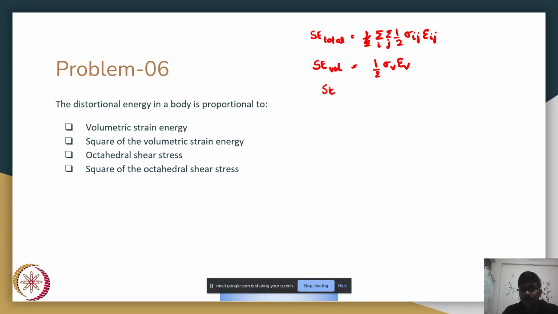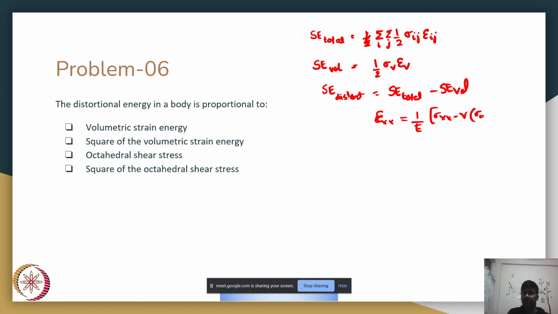Your SE distortion would be basically the difference of these two. Once you work this out by plugging in your Hooke's law, epsilon xx is 1 by E times sigma xx minus mu times sigma yy plus sigma zz.